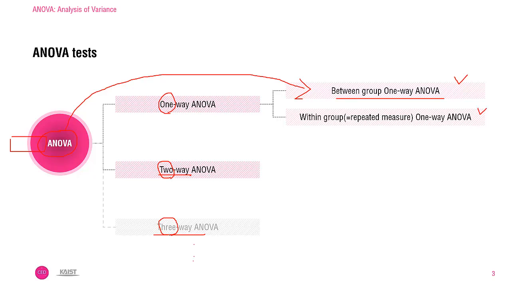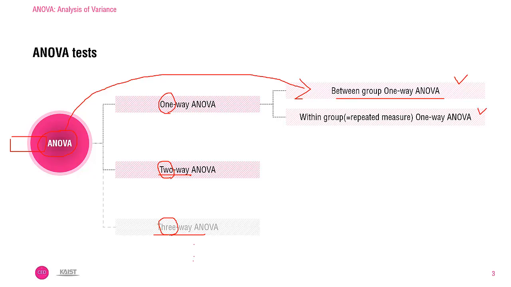Technically, 4-way or 5-way, 6-way ANOVA are also possible, but a 3-way ANOVA is already complex enough. So my recommendation is no more than 3-way ANOVA.